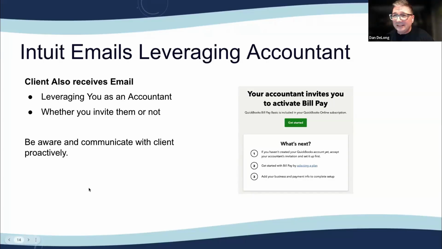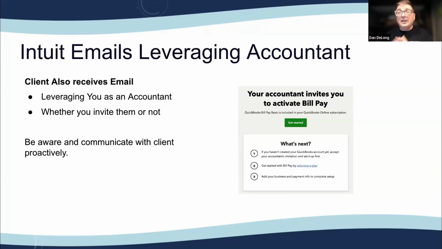So what happens is the email or the primary admin will get an email which says your accountant invites you to activate bill pay. Whether or not you really want them to set it up or not, that's another story. And this is actually a softened version of what originally first came out, where it was more personal, saying, hey, you recommend QuickBooks bill pay, which is certainly not always true.